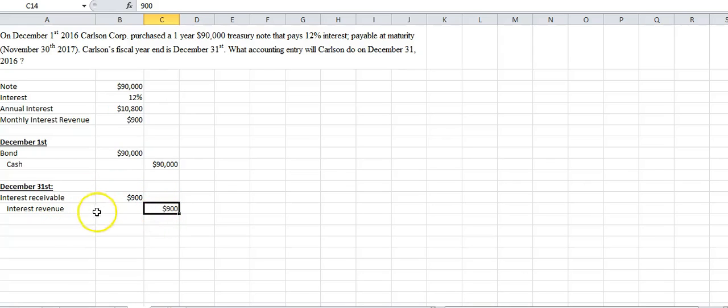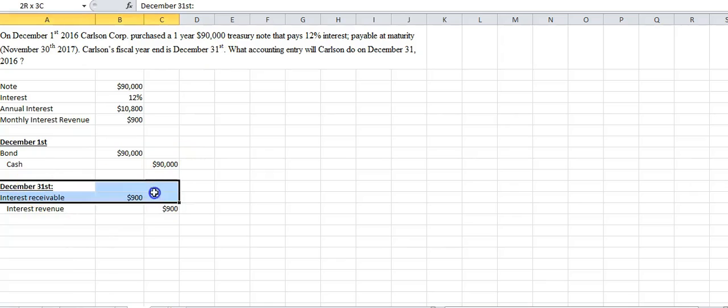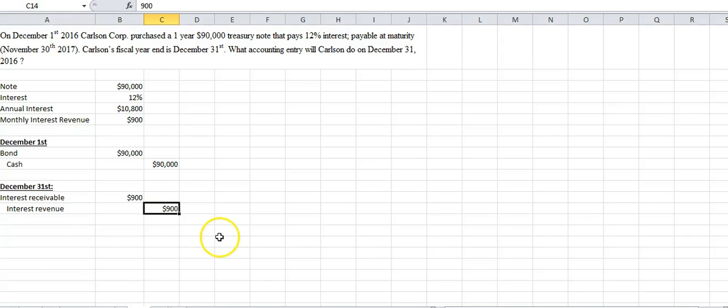Okay, now because the fiscal year ends December 31st, you have to do this entry here, because you want to recognize the revenue that you've earned in the period that you've earned it. So you've already earned $900 in interest revenue, therefore you must book it in the correct year, $900.